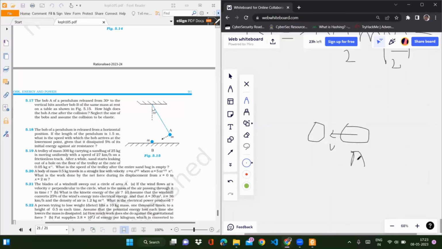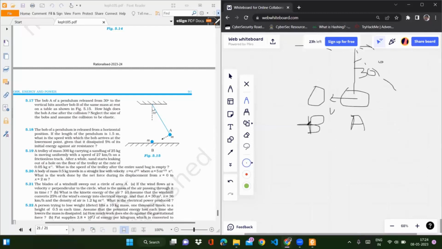This is bob A, this is bob B. This is the thread which has become vertical now. It was at 30° earlier, but now it has become vertical and it hits ball B.